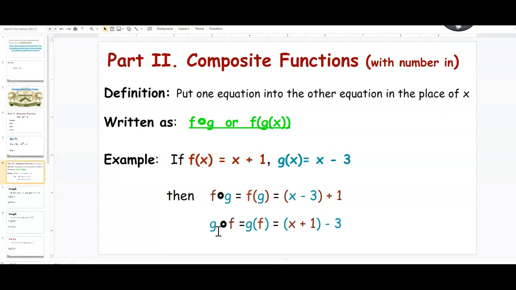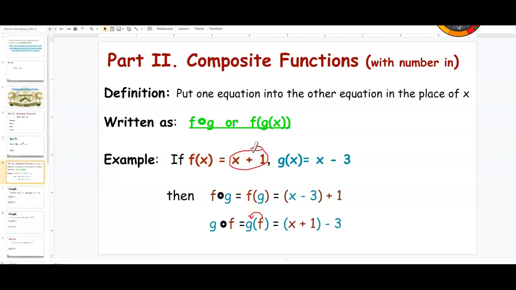Let's look at the second one. The order matters here. So if we have g of f, what kind of equation are we going to have finally? So g of f, written in the parenthesis form, is g parenthesis f. This time you'll see we are putting equation f in equation g. So equation f equals x plus 1.